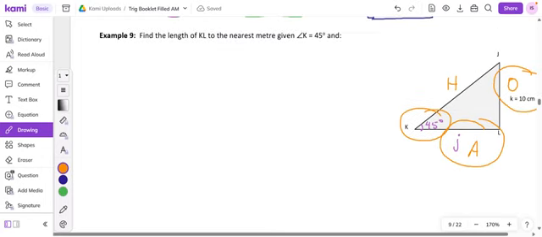So once again, I'm using tangent. Now in this case, I have the values for the angles. I'll write tan 45. What's opposite? Well, opposite is 10 centimeters. Adjacent is J.